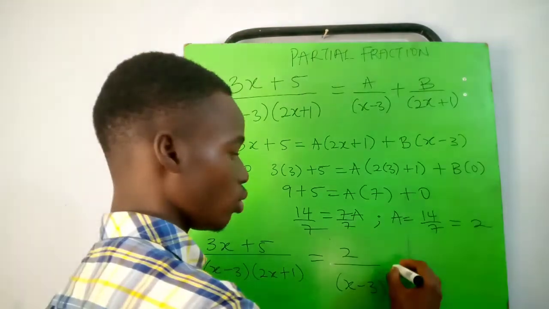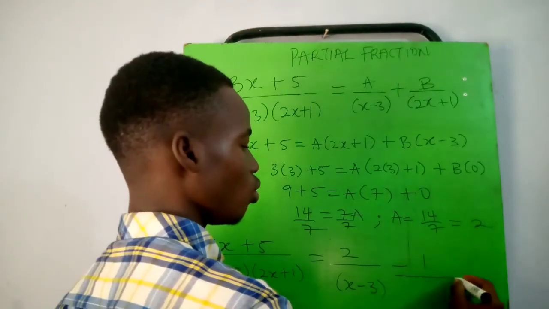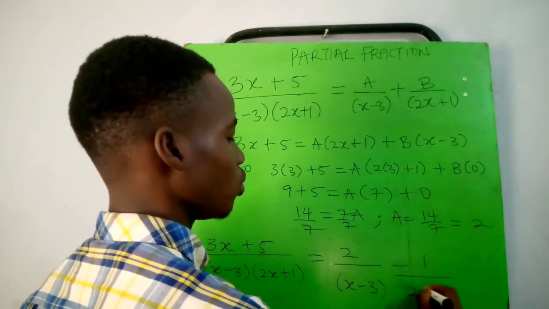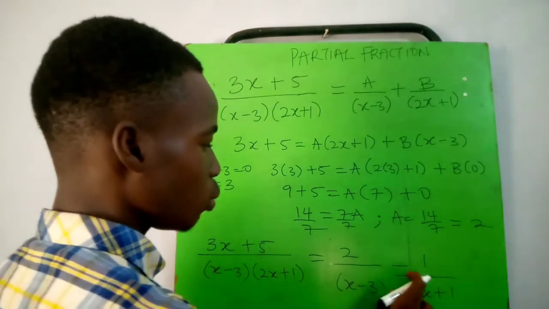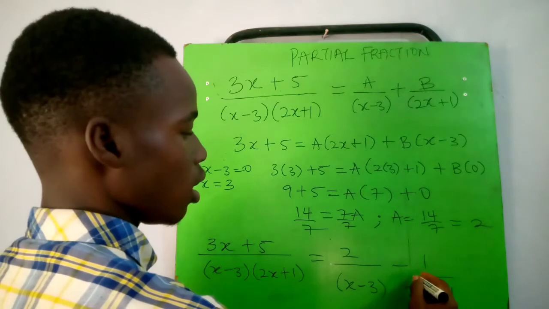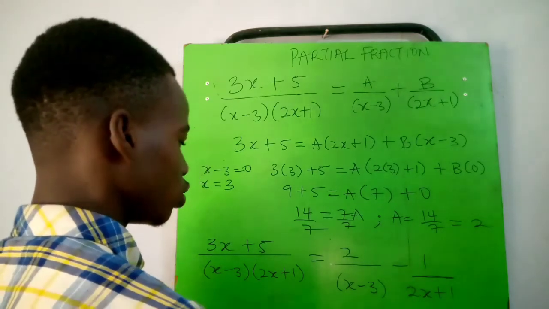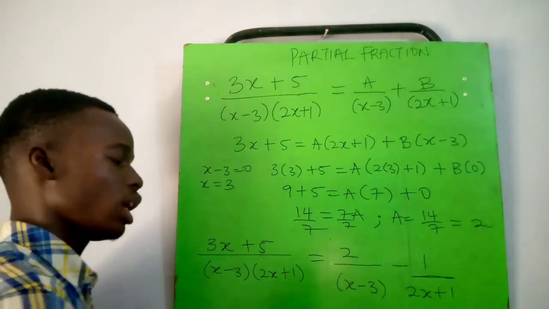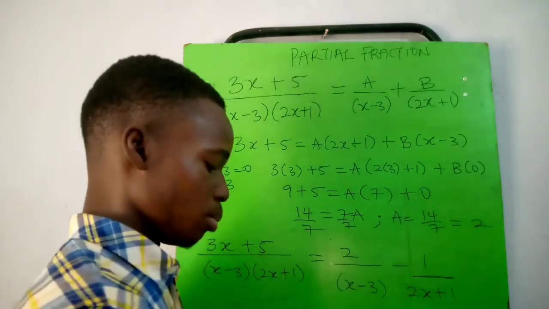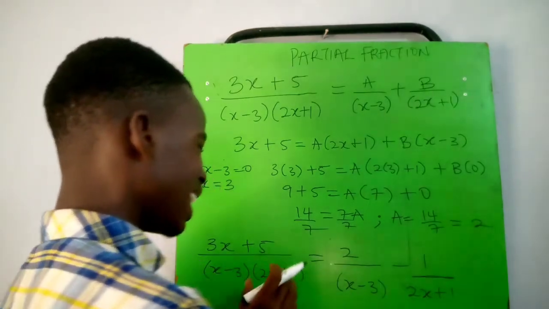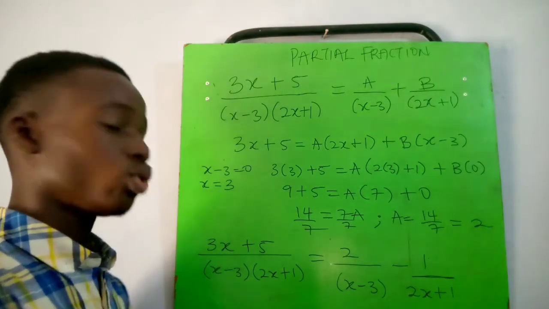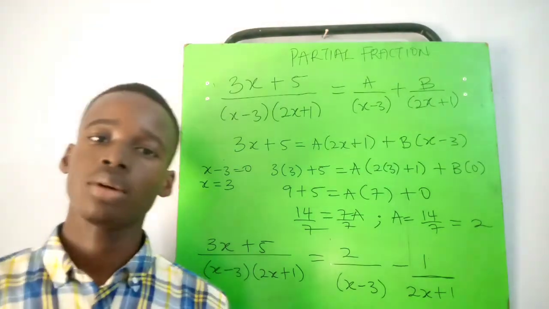B is minus 1, so minus 1 over 2x plus 1. So this will be the partial fraction. We have a fraction and now we have found its partial fraction. When you solve this, you are going to get back this. This is what partial fraction is all about.